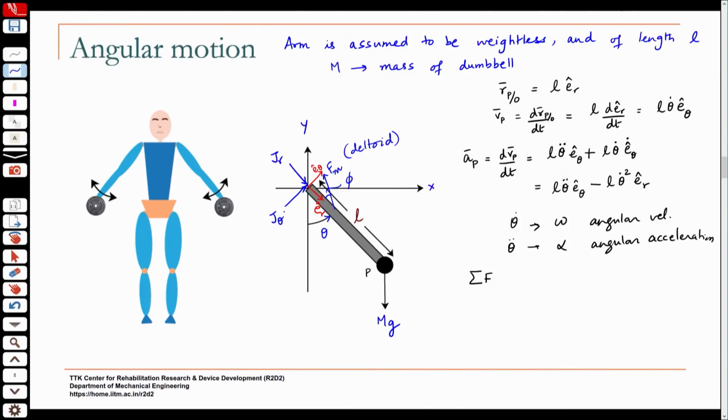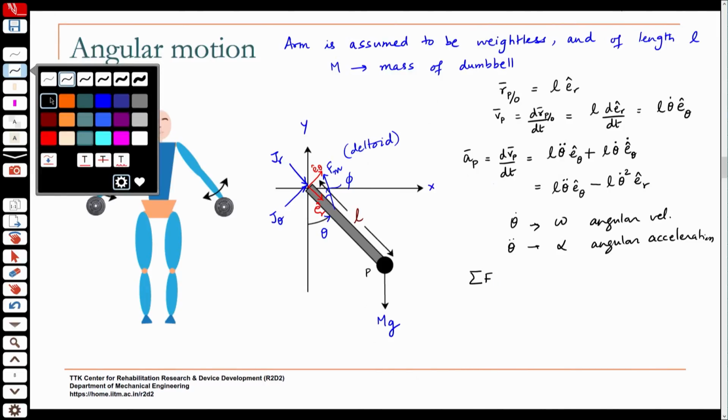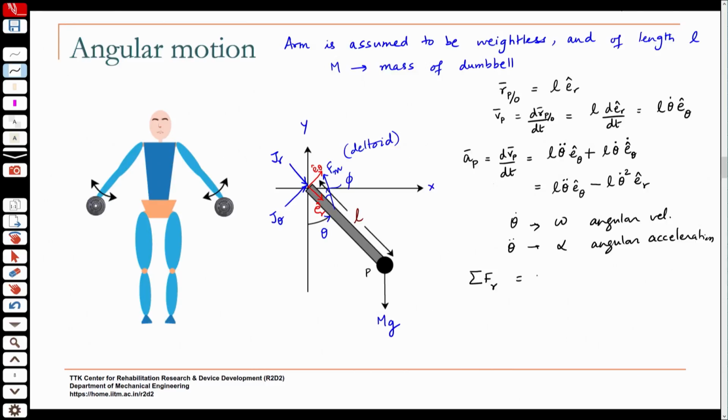So, now I can write sigma F r equal to mass times the acceleration in the radial direction, sigma F theta equals mass times the acceleration in the tangential direction, and then sigma M naught, because O is a point that is fixed, I can write that as dh naught by dt, where h naught is the angular momentum about that point.